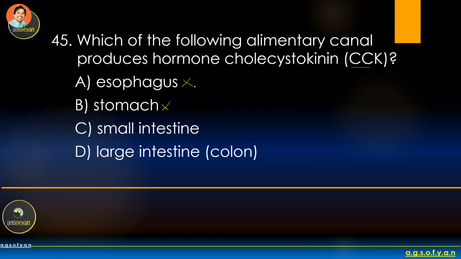Esophagus does not produce any hormones. Okay. Small intestine produces many hormones. One of them is called cholecystokinin, or CCK. Large intestine usually does not produce hormones. So the small intestine produces this hormone, CCK.